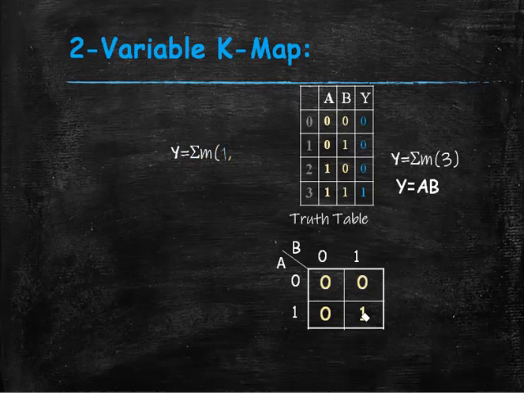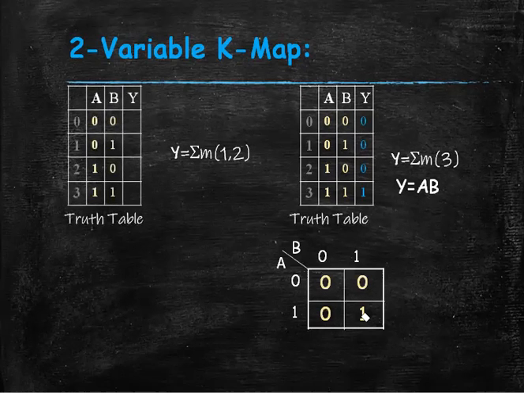For the next case, we write the SOP first. Y is equal to sum of products of 1 and 2. It means the output is high for binary 0 1 and binary 1 0. For the remaining, it must be equal to 0. Then first we obtain the truth table from this SOP.